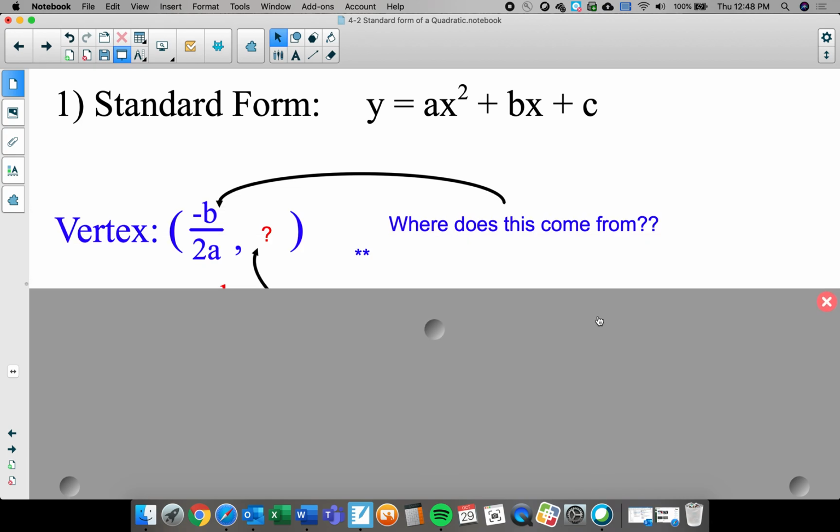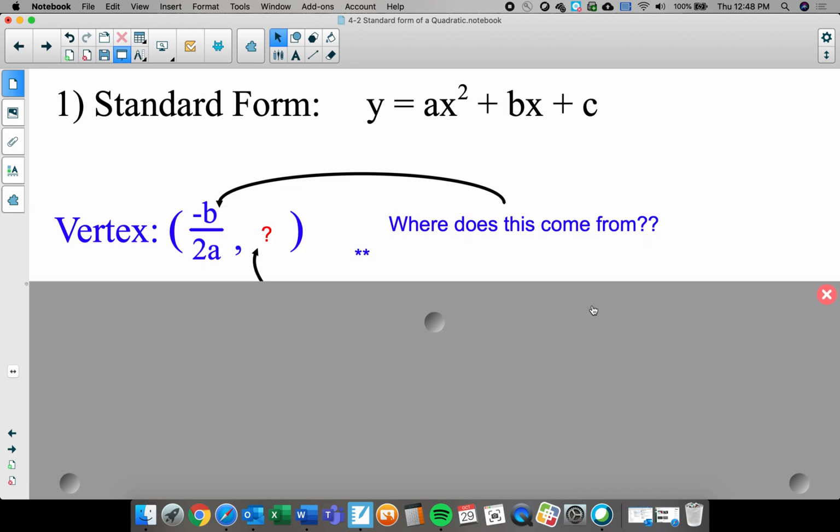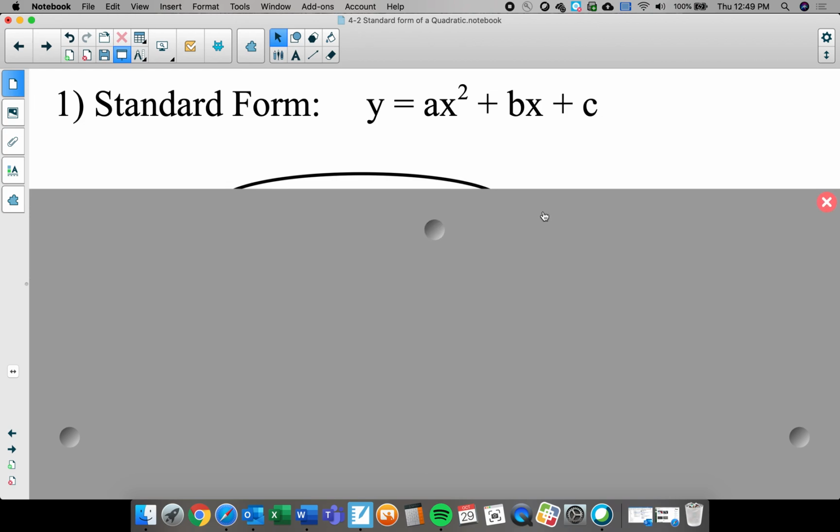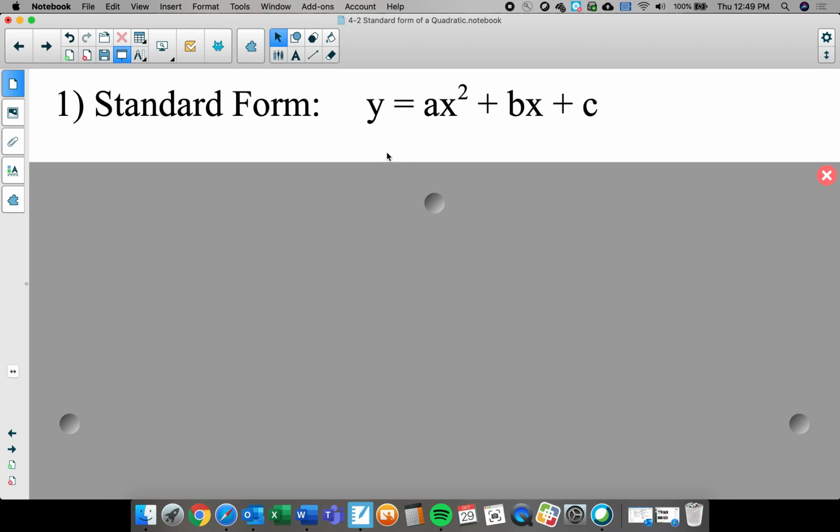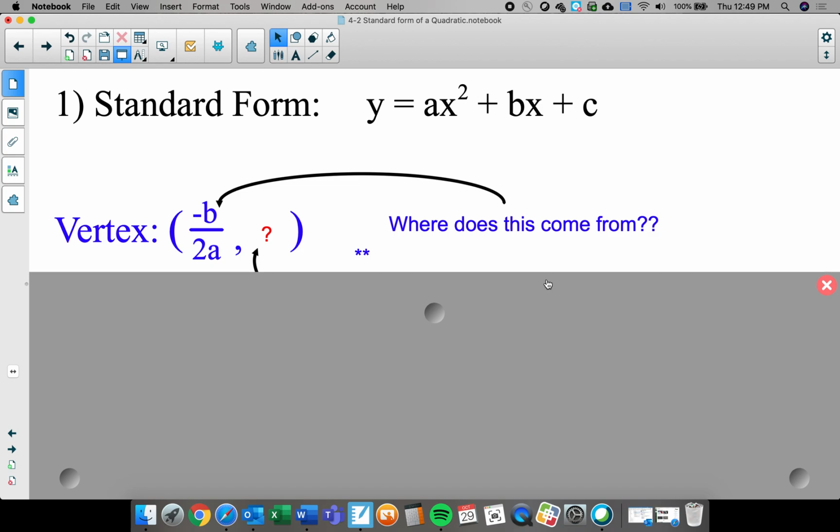Okay, so to find the vertex in standard form, let me cover that back up for a second, I do not have the vertex here. You can't just look at the equation and take it out of it like you could with vertex form in the last lesson. So how do we get that? You can get the x coordinate of the vertex by taking the opposite of b over 2a.